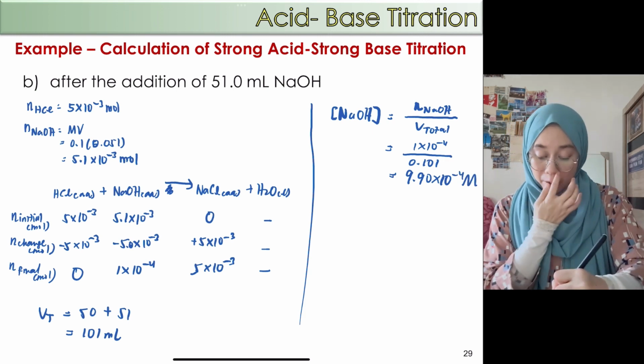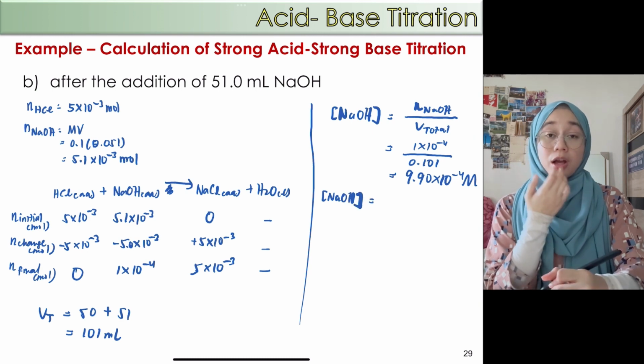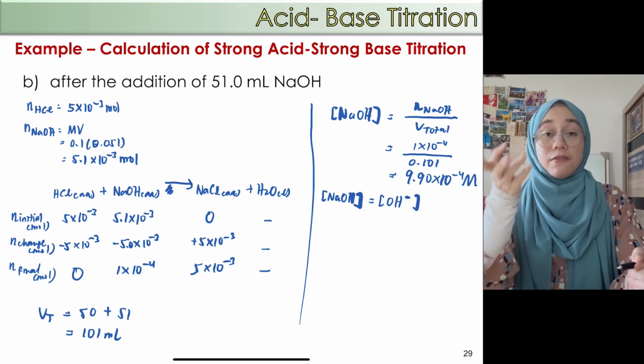Okay, and one thing we know is that since NaOH is a very strong base, therefore the concentration of NaOH is basically the same as the concentration of OH minus.